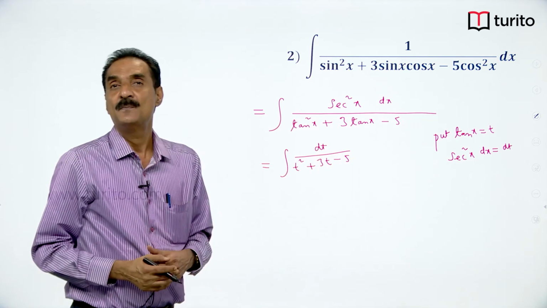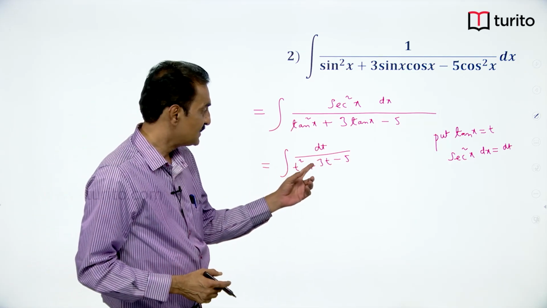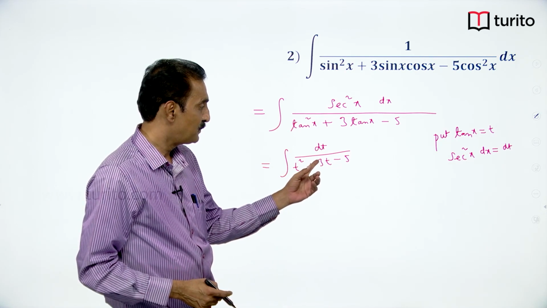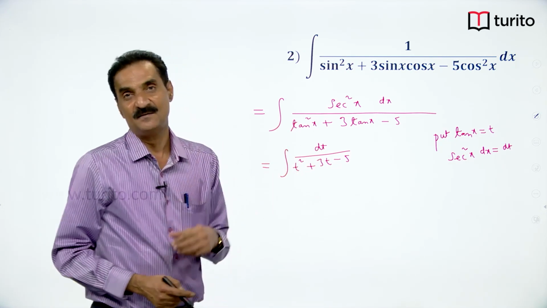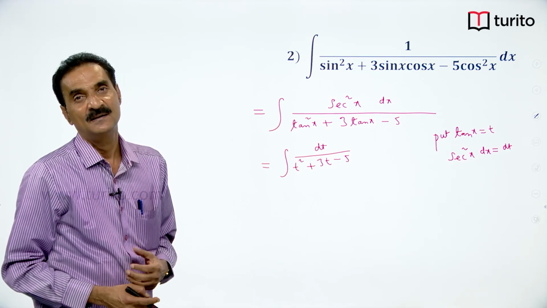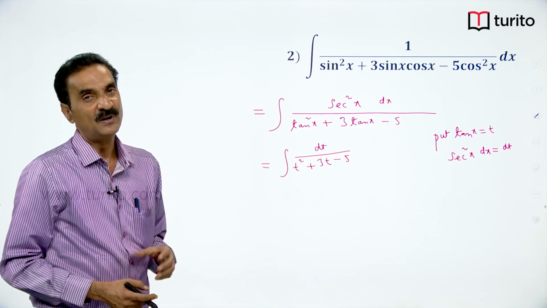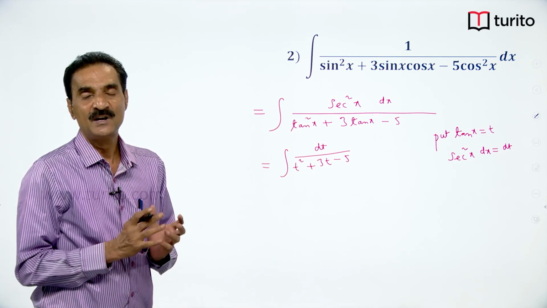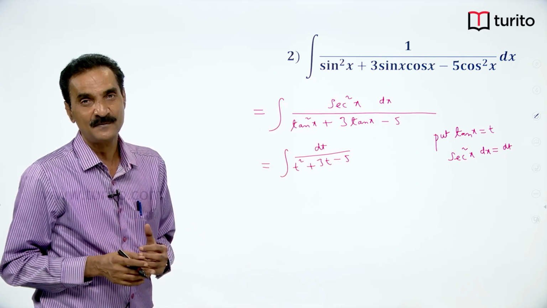How to integrate now? Is it factorizable? Discriminant is b square 9 plus 20, 29. It is not a perfect square. Discriminant is positive only, but not a perfect square. So roots are there, but they are irrational. So you cannot express it as a product of 2 rational factors.